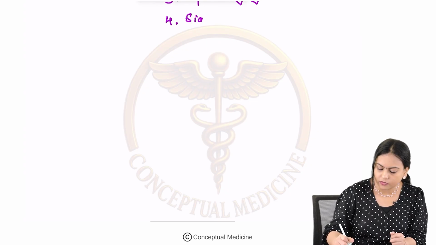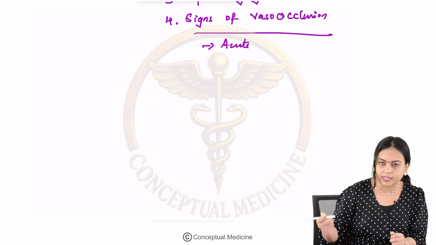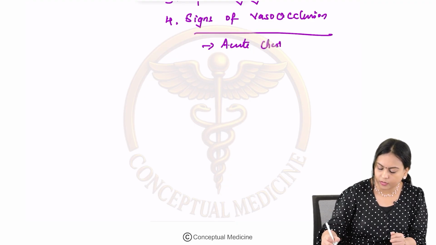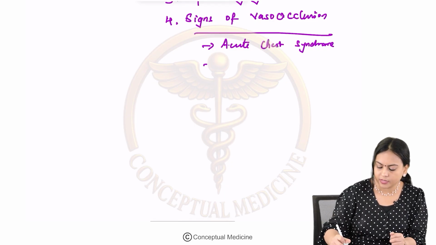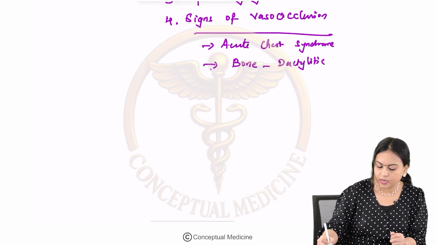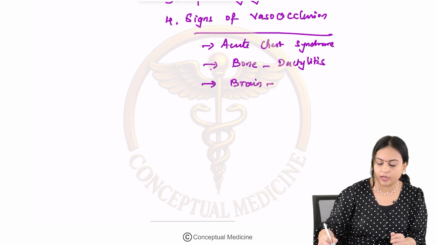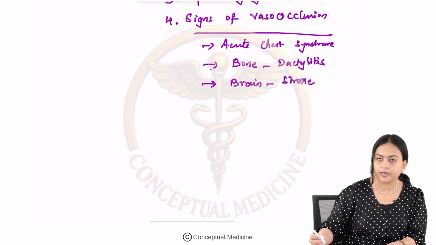Signs of vaso-occlusion, like there can be acute chest syndrome, they will be presenting with pulmonary symptoms, and in the bone there can be dactylitis, and in the brain stroke can occur. Clear?